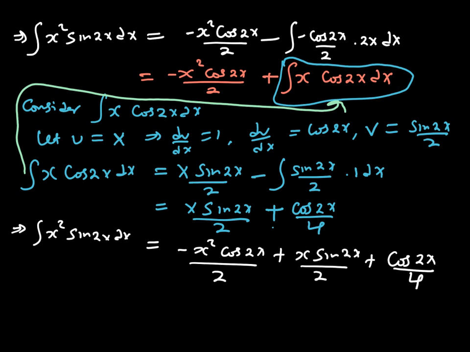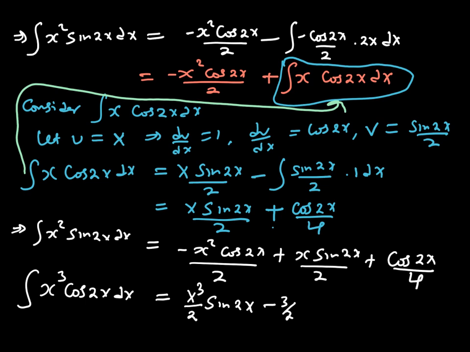The original integral is x cubed cos 2x dx, and so far, it has taken us to a step where we have x cubed over 2 sine of 2x, then minus 3 over 2, now into minus x squared over 2 cos 2x plus x sine 2x over 2, then plus cos 2x over 4, okay?